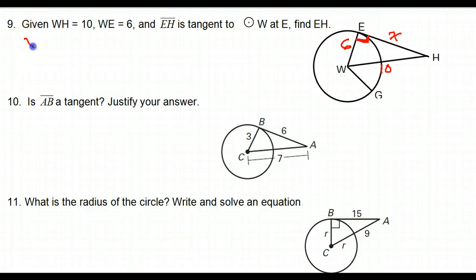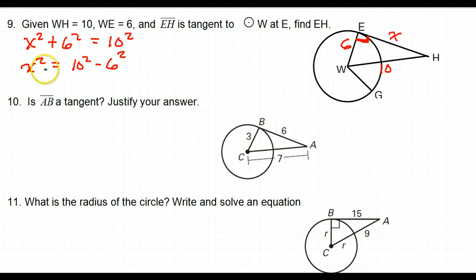So we'll just do x squared plus 6 squared is equal to 10 squared. So that means x squared is going to equal 10 squared minus 6 squared. And then we will take the square root of both sides. Put that in the old calculator. 8. Okay, so EH is equal to 8.